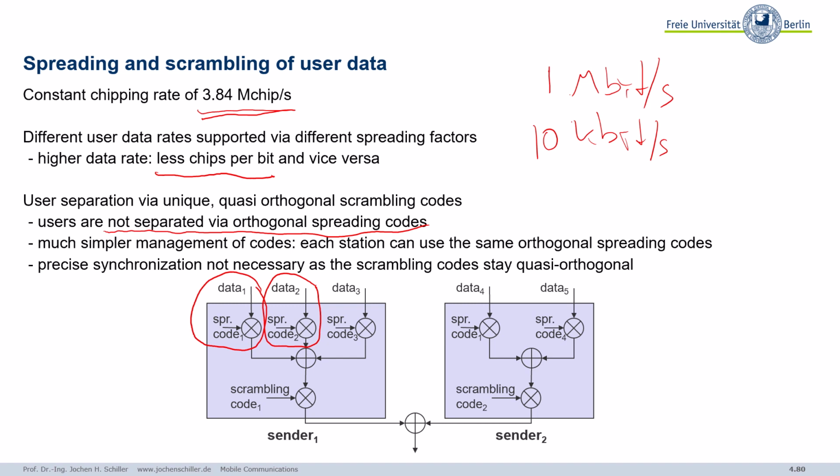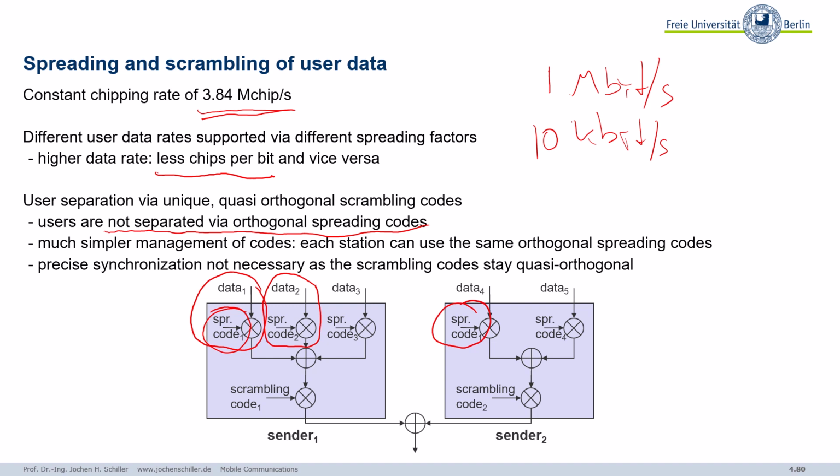So inside a sender, all the spreading codes are orthogonal. You know what orthogonal means. So that's quite a simple scheme, because you do not have to manage orthogonal spreading codes across different systems, but only inside a single system. So that's much simpler management of the code. So each station can use the same orthogonal spreading codes. So you see, for example, code 1 is used in sender 1 and also in sender 2.